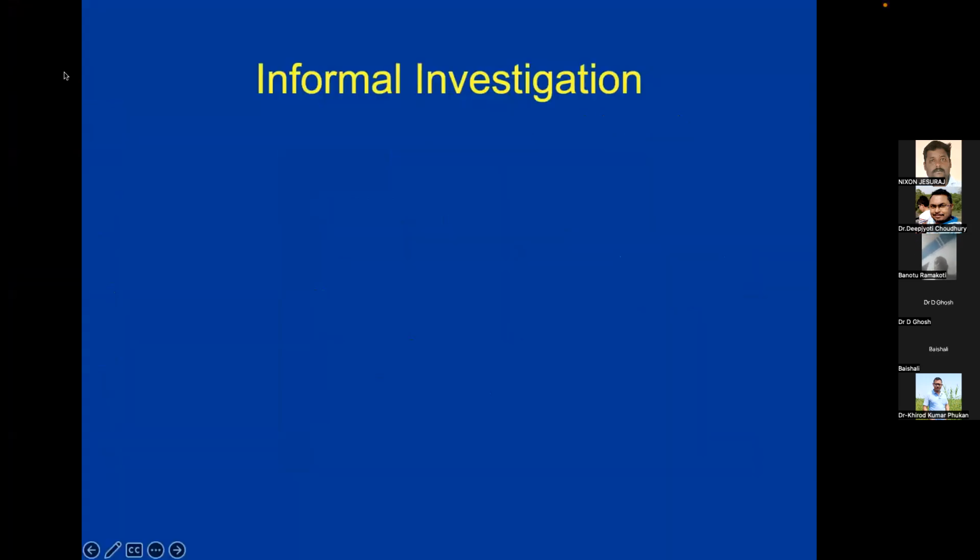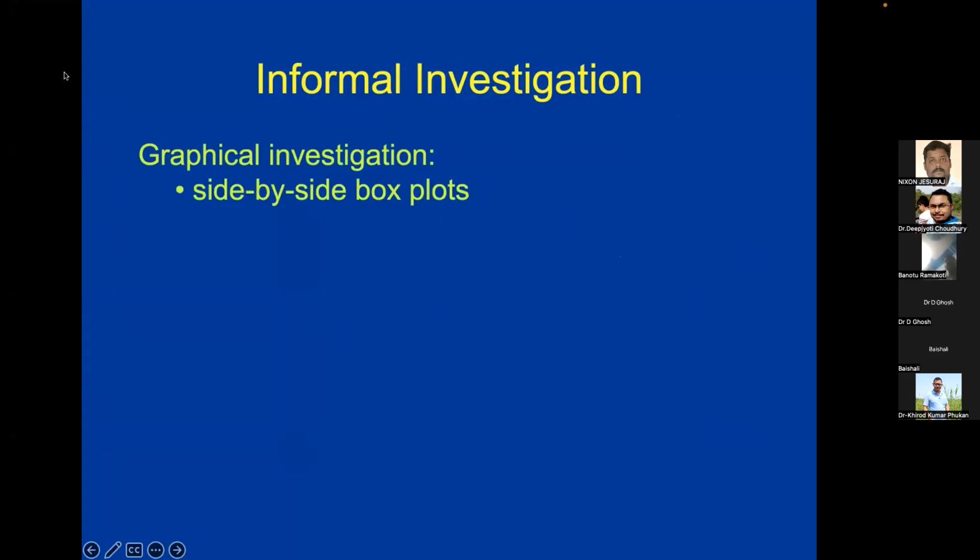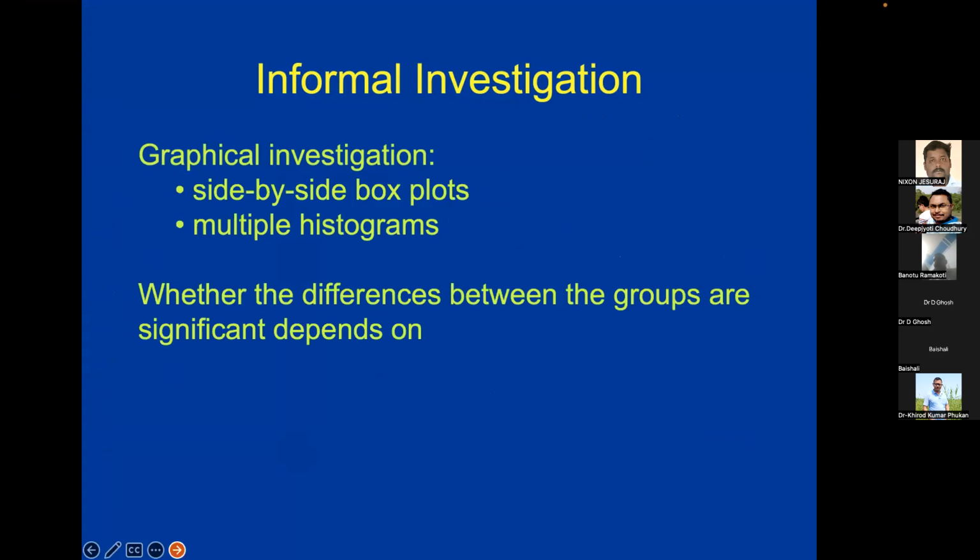Yes, sir. Further, when we are going with the graphical type of observation here, as I mentioned, the graphical type of observation, so far as we mentioned informal investigation, and we mentioned side by side box plot, multiple histogram, where the differences between groups are significant. We have shown a case study.